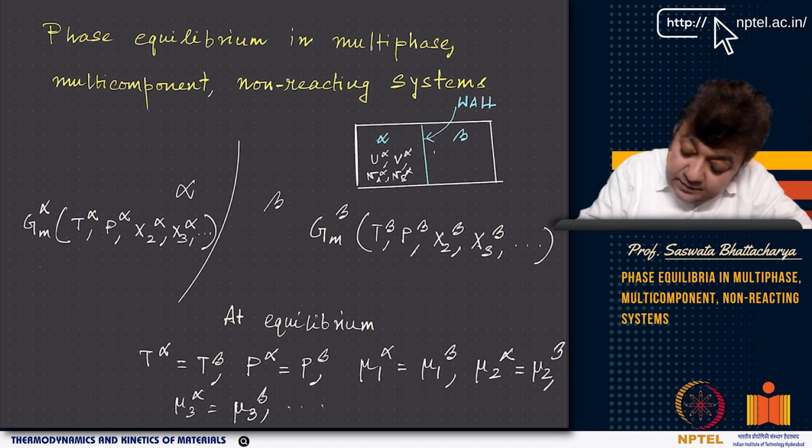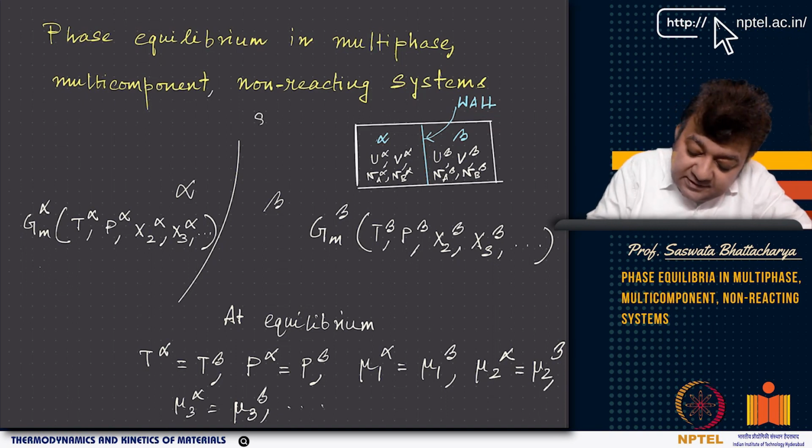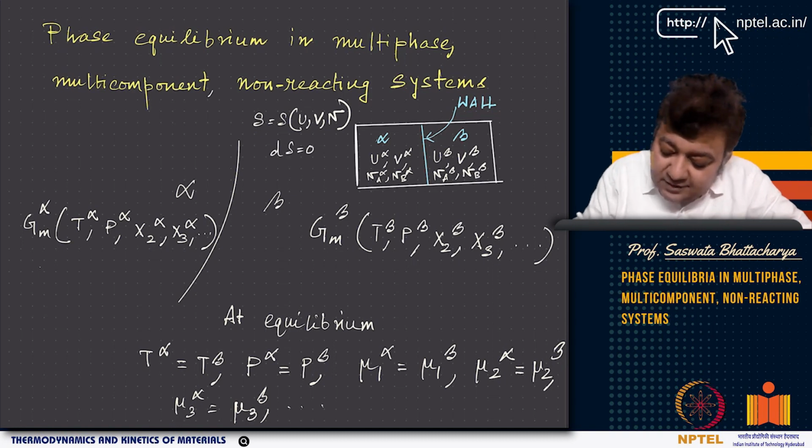Similarly, you had U beta, V beta, then Na beta and Nb beta. Instead of this UVN type of description, we told that S is a function of U, V, N, and that dS has to be equal to 0. That is how we would solve this problem.